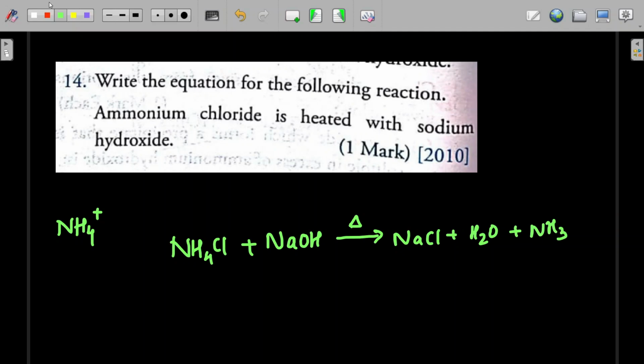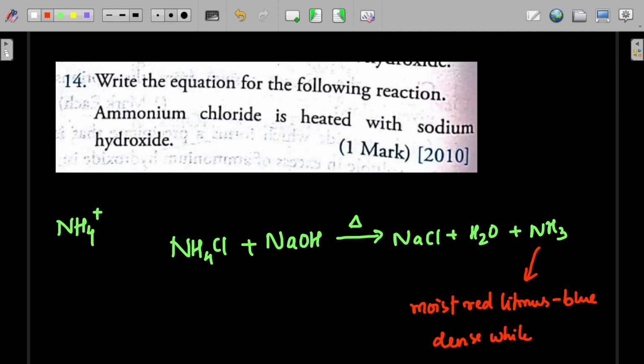So what do we write as the observation for this? We write the observation for ammonia gas, a basic gas. How do we know it is a basic gas? It turns moist red litmus to blue. Or you bring a glass rod dipped in conc HCl, and you will get dense white fumes.